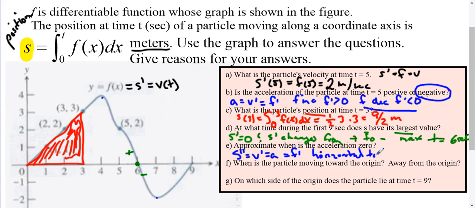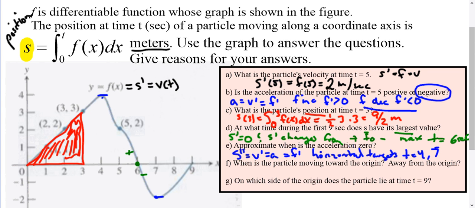All right, horizontal tangents usually occur at max and min. So if we look at this, when does f have a max or min? Well, that appears to be occurring here and here. So we'll estimate this to be at t equaling 4 and t equaling 7. All right, and that's going to be where we have horizontal tangents, and that's when all this will be taking place.